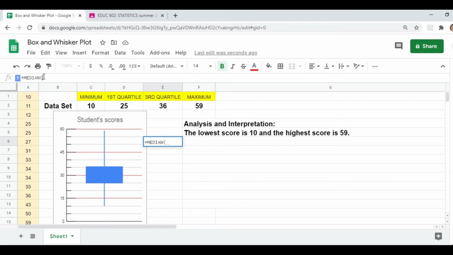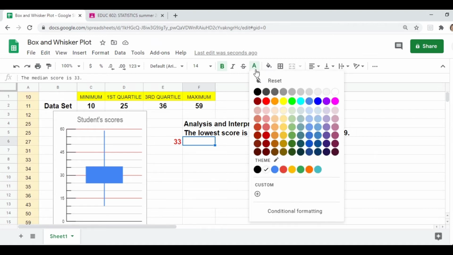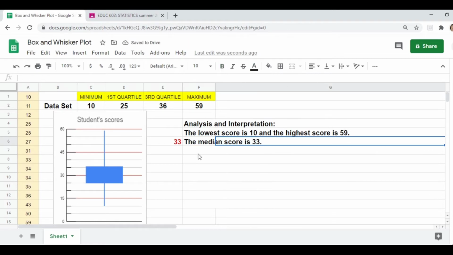So you can click this part, then click 10. Oops, so let me do that again. The median is between A1 to A15. So therefore the median is 33. We can state that the median score of the distribution is 33. It is somewhere here.